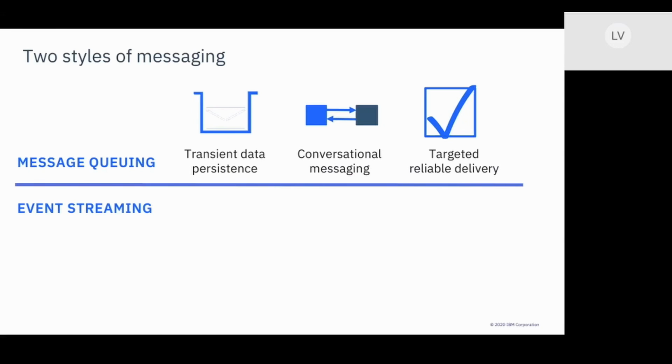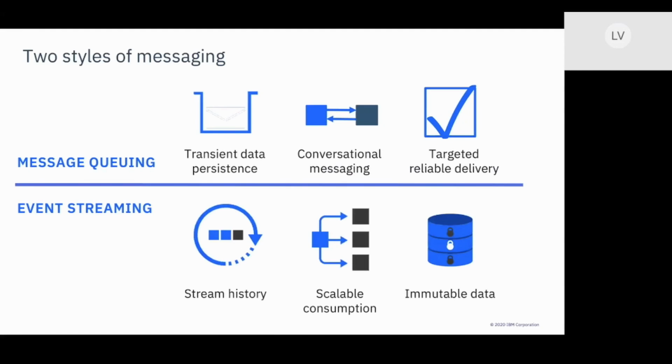But for the event stream, this is totally different. We keep the data. We can keep the data forever and all kinds of data. There are several capabilities of scalability. And by the way, in this case, we don't know who will be the recipient.